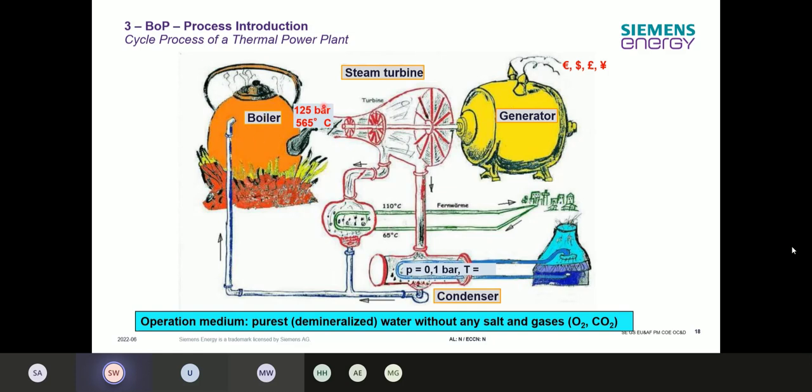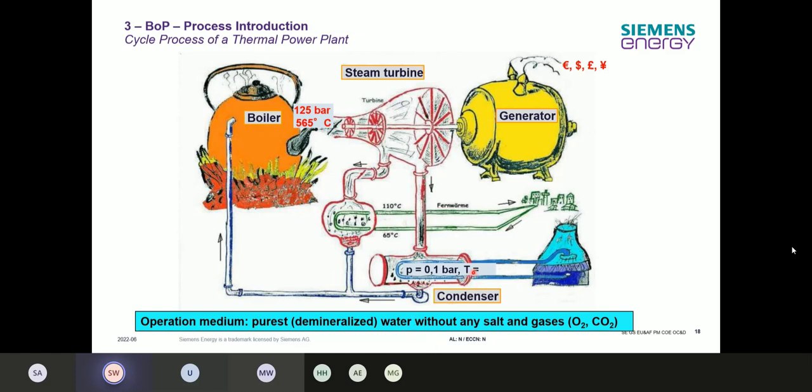We create a certain pressure and temperature in the steam, and this steam is sent onto our turbine, and from the turbine, in the easiest case, let's say it gets back into the condenser. In the condenser, we condense the steam again and send it back into the circle.